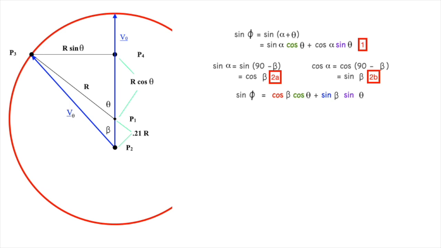So, substituting expressions 2a and 2b into expression number 1, we get sine phi equals cosine beta cosine theta plus sine beta sine theta. Now, simply by inspecting our dV circle diagram, we can find useful alternative ways of expressing cosine beta and sine beta.